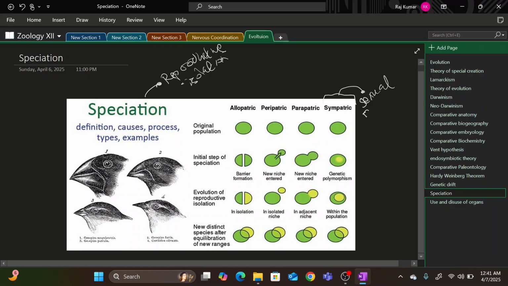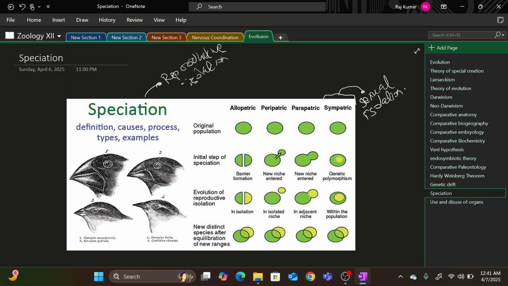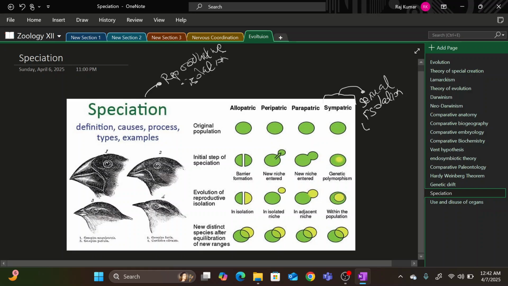So, sexual isolation occurs in sympatric speciation. In sympatric speciation, what actually happens is that within the same location, within the same population, the organisms become unwilling to mate with organisms in the same population.